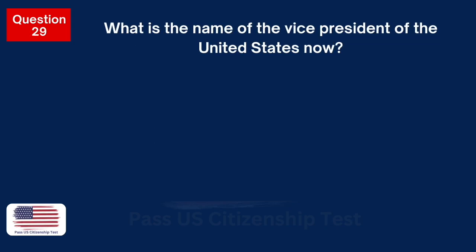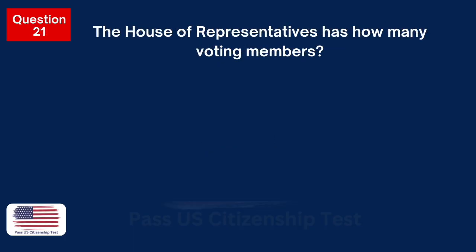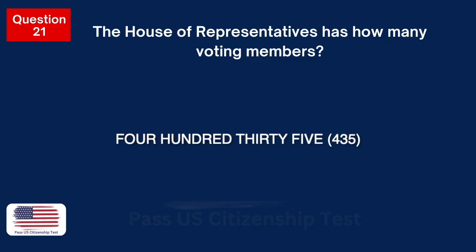What is the name of the Vice President of the United States now? J.D. Vance. The House of Representatives has how many voting members? (435).